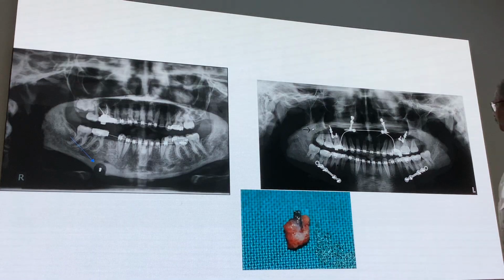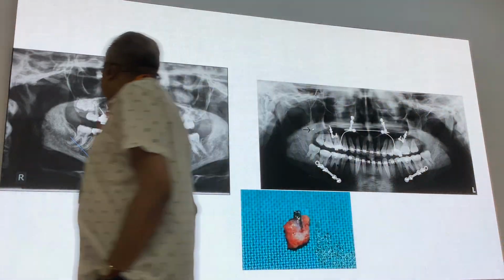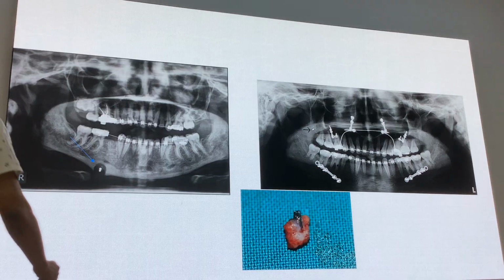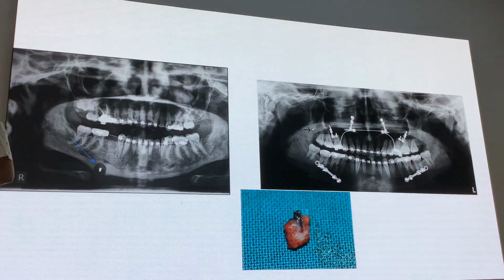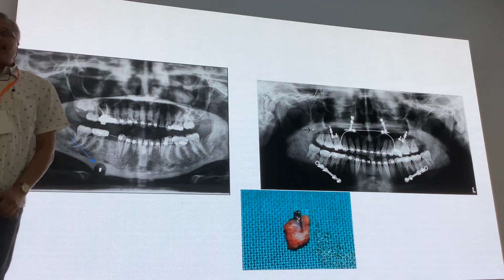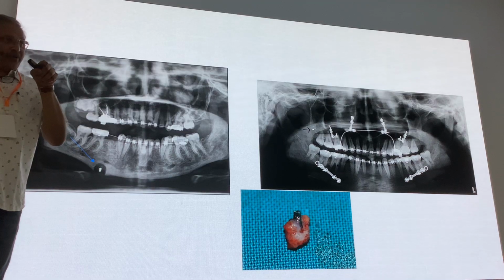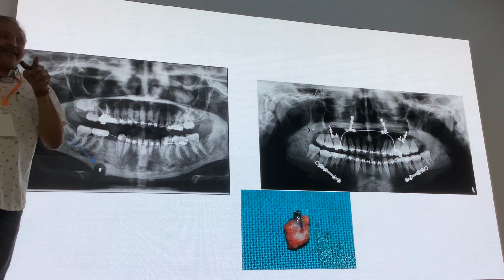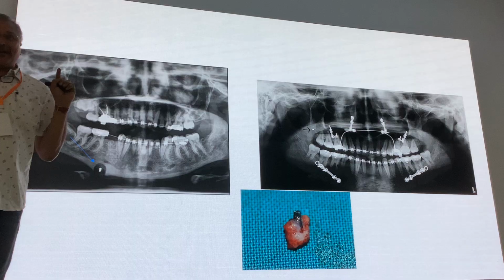I'd like to show this particular case. You've seen burr breakage very commonly, right? Can you see this arrow mark here? This was a case I operated about 20 years ago. We had done plate fixation and we broke a burr. 7 years later, the patient complained of pain.